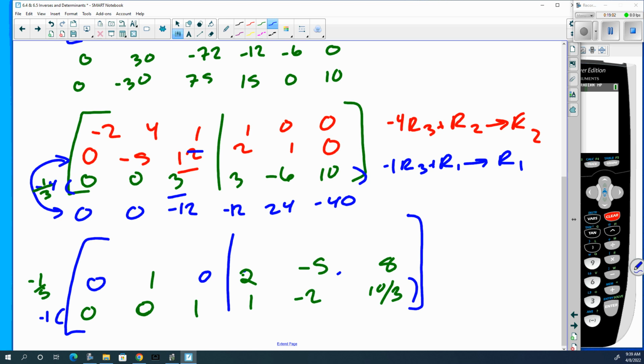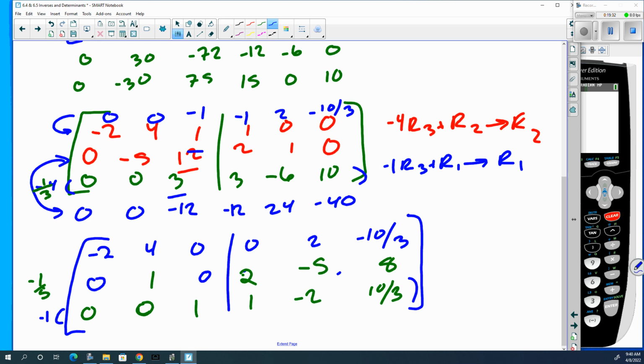So when I times this bottom row by -1, I get 0, 0, -1, -1, +2, and -10/3. So now I add that to my red top row, and I get -2, 4, 0, 0, 2, -10/3.